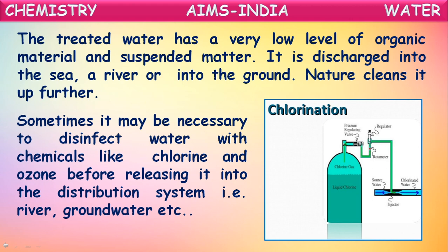After killing these bacteria and germs, that water will be released into the distribution system to our homes, and also into river water and groundwater. Okay, in this way wastewater is treated and purified from all the impurities, and after purification it is sent into the rivers and groundwater level, right?